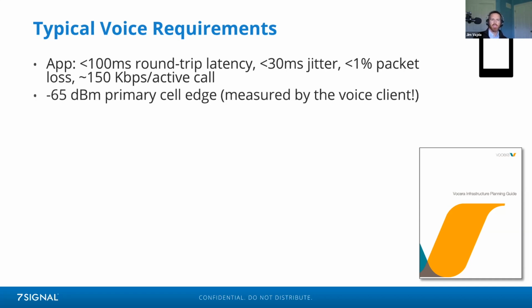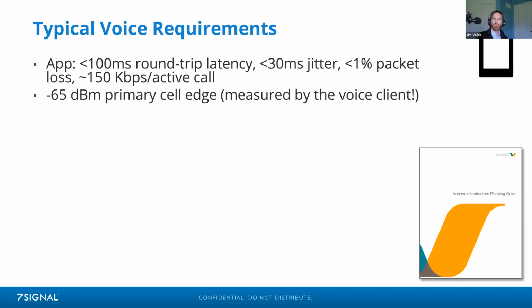So to achieve this, we need typically minus 65 dBm at the primary cell edge, and that's a common target in a lot of networks today. Now, it's important here, we want to measure that with the voice client itself, right?